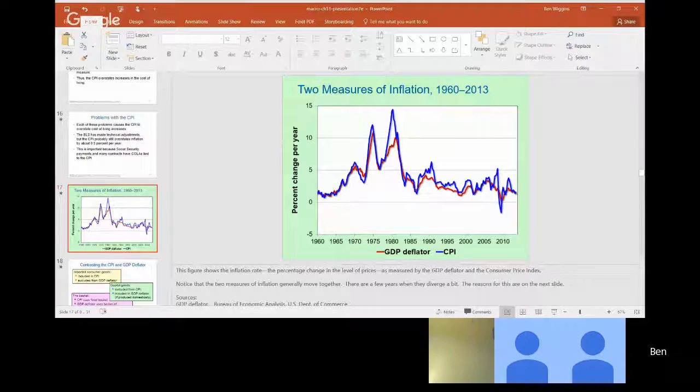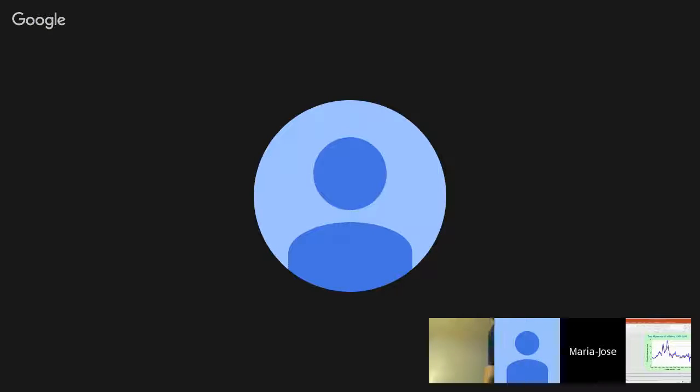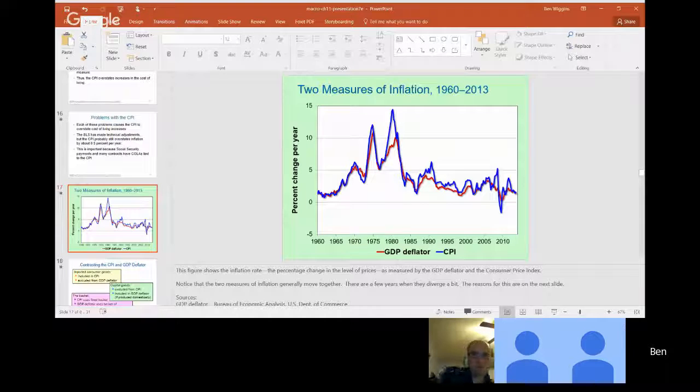I'm gonna stand up. Consumer price index is year 2 minus year 1 divided by year 1, right?